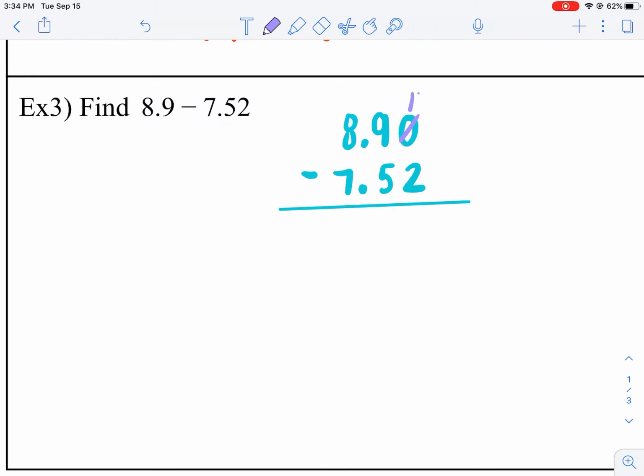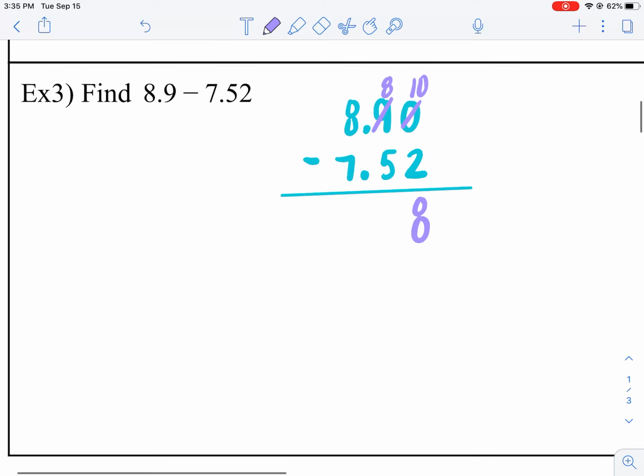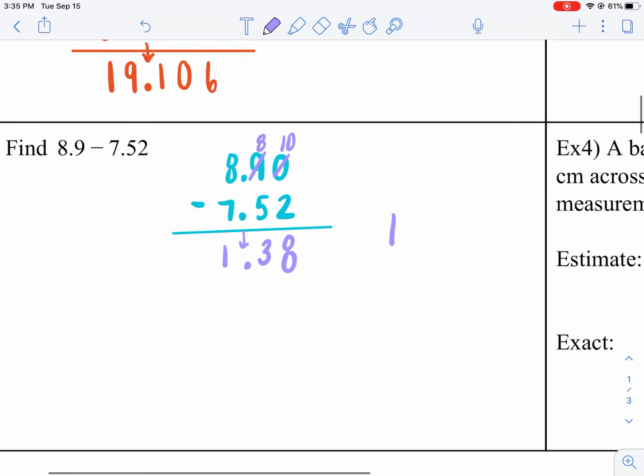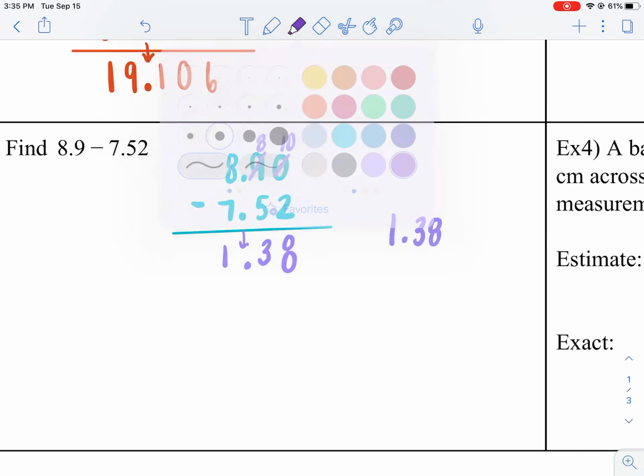So our 0 becomes 10, and our 9 becomes 8. 10 minus 2 is 8, and 8 minus 5 is 3. We're also going to bring down our decimal, so I like to do it as I go, when it's time to put it there. And then 8 minus 7, which is 1. So our final answer here is 1.38.